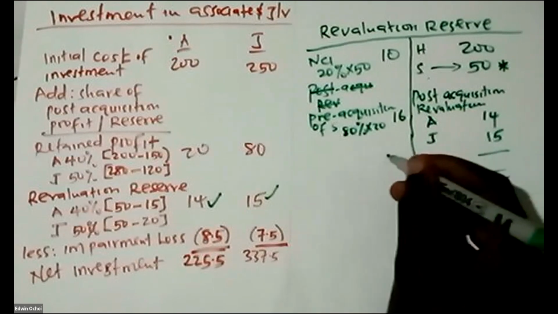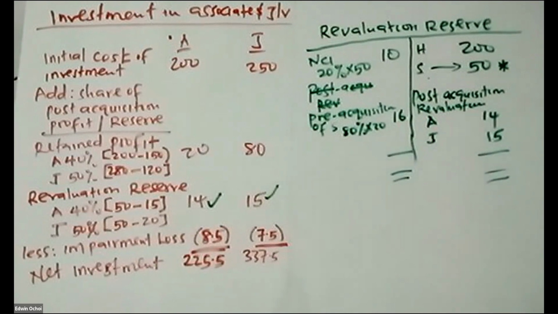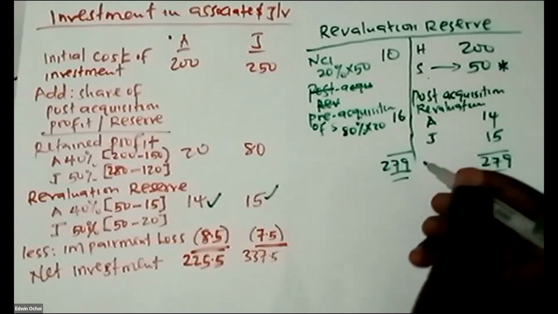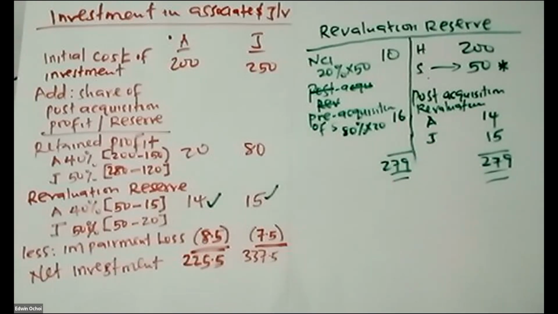So the balancing figure is 200 plus 50 plus 14 plus 15. So this one is 279. So which means that minus 16, minus 26, not 16, minus 26.